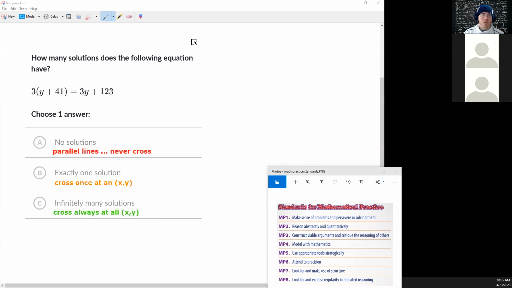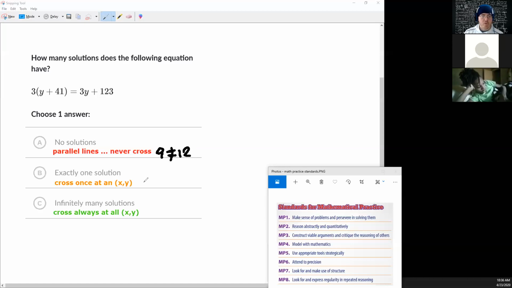Now, the way this represents itself, if they never cross, we're going to get something really strange like 9 equals 12, which doesn't make any sense.